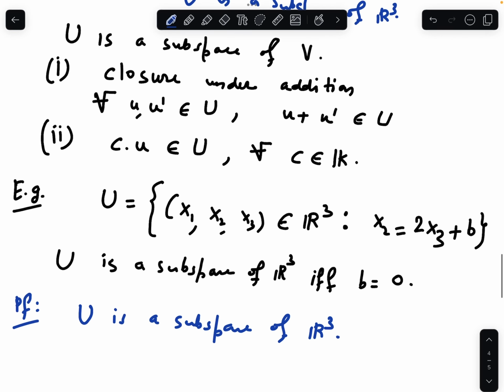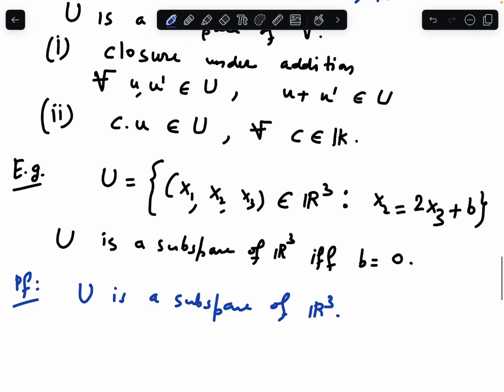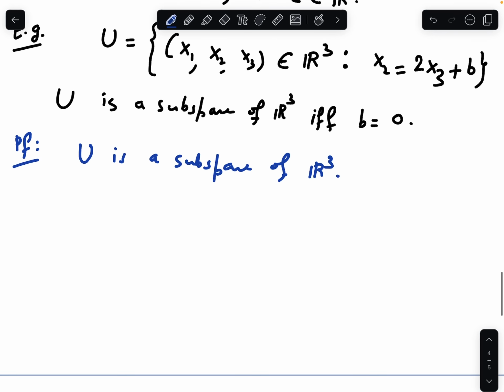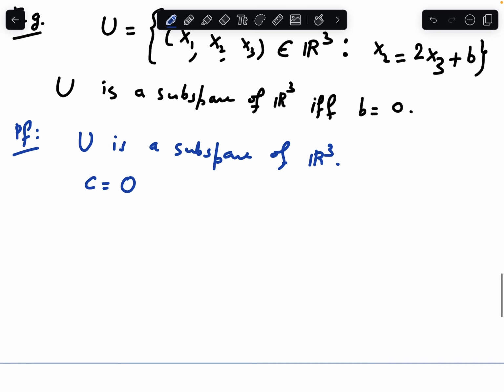That is, Cu should be inside U for every C in K, that is for every scalar. So if I take C equal to 0, that is the number 0, and some x1, x2, x3 inside U, right?